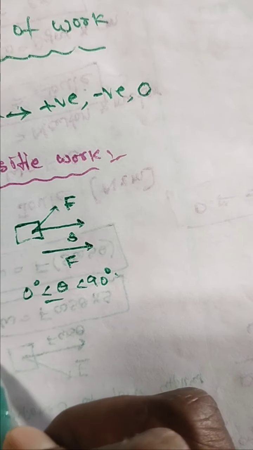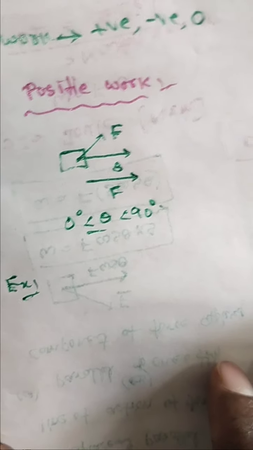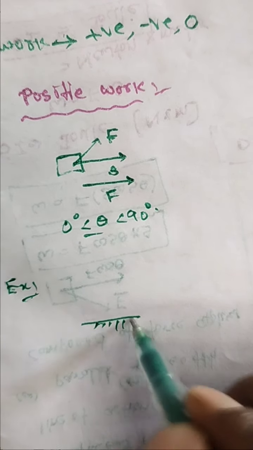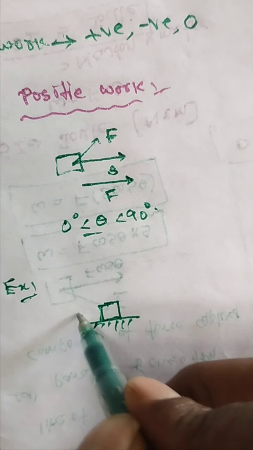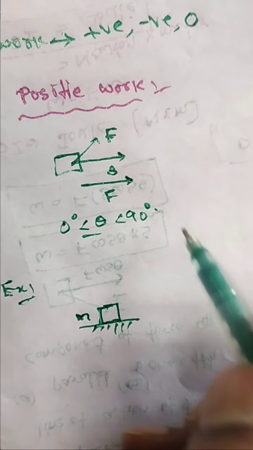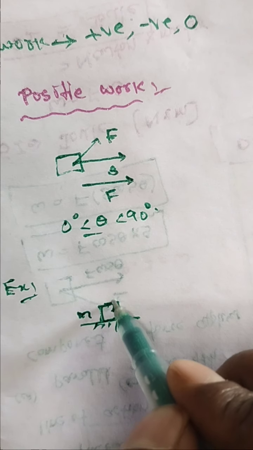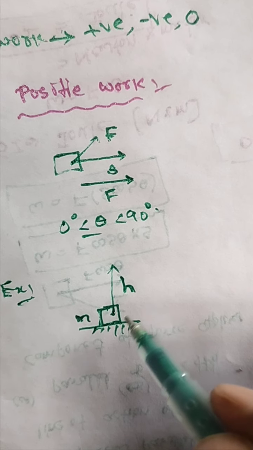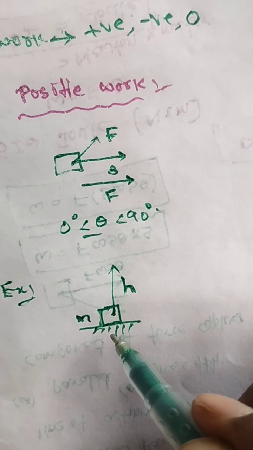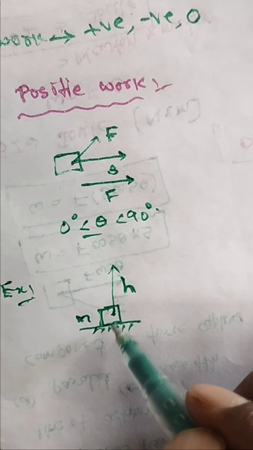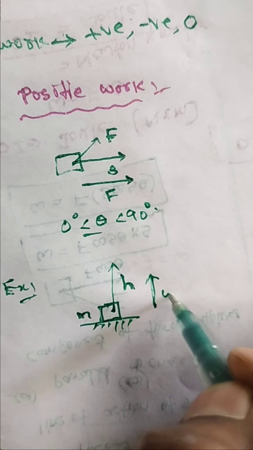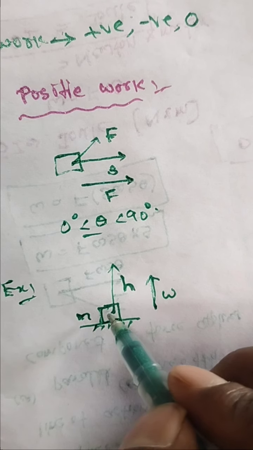For example, when a person lifts a body from the ground. This is the ground, and this is one object of mass M. When the person lifts this object to a particular height, the work is done in the upward direction.